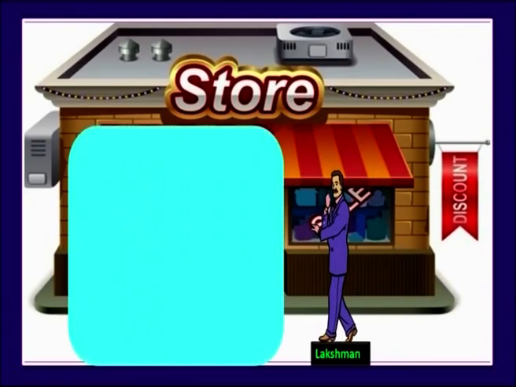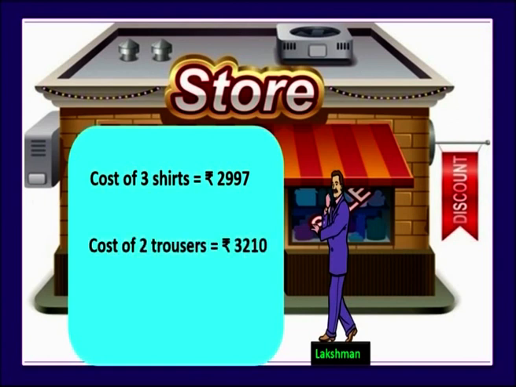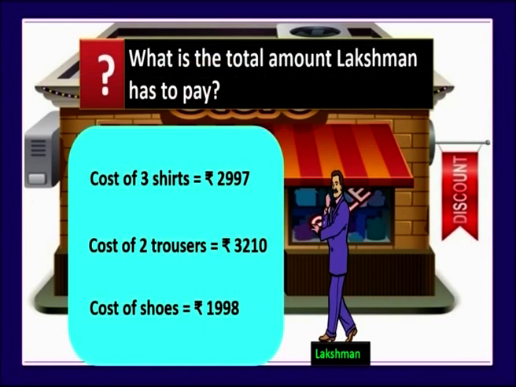Now, he purchased all these things, but instead of a shirt, he purchased 3 shirts, and the cost of 3 shirts is 2,997 rupees, whereas the cost of 2 trousers is 3,210 rupees, and the cost of shoes is 1,998 rupees. Now children, can you tell me what is the total amount Lakshman has to pay to the shopkeeper?